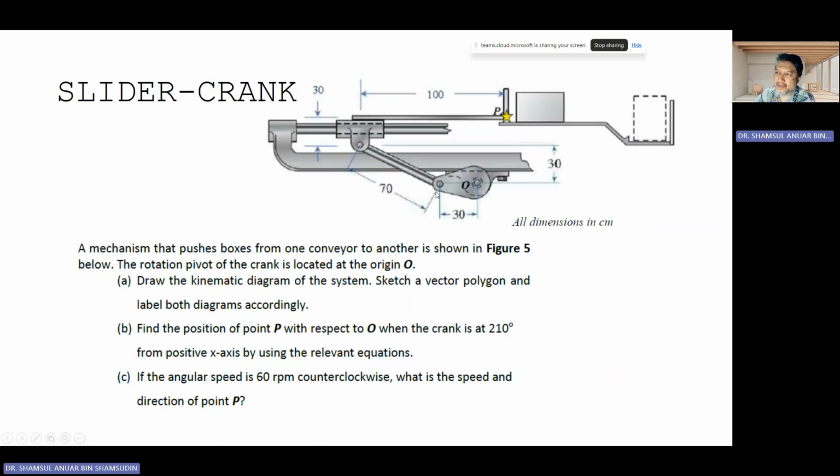Same here, if you have this thing connected to a slider, you can find the position of point P relative to point O, and then maybe you can also use different methods to solve for the velocity of point P.